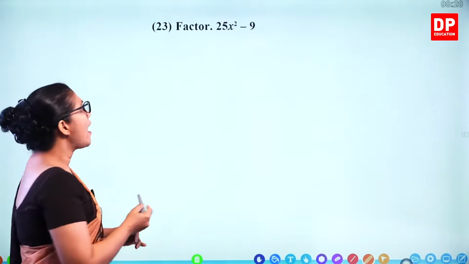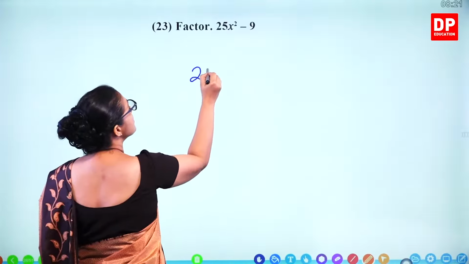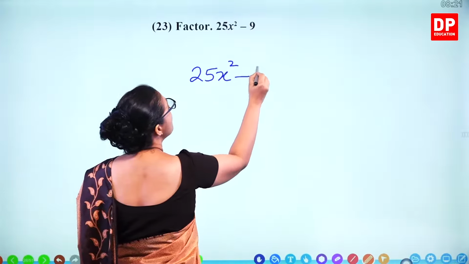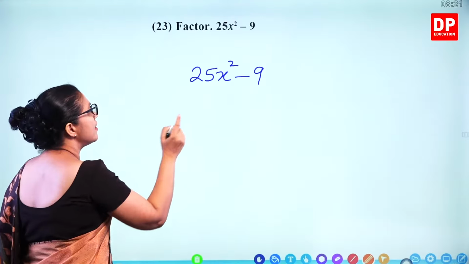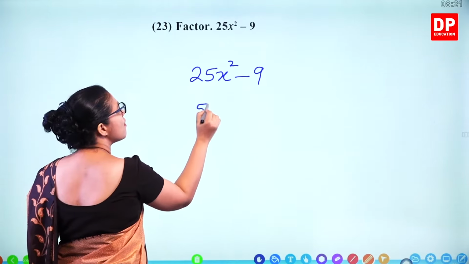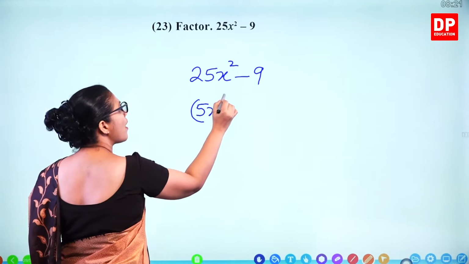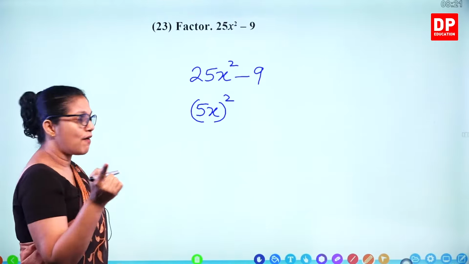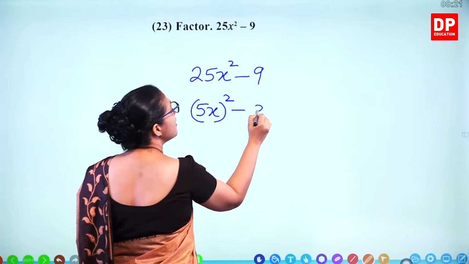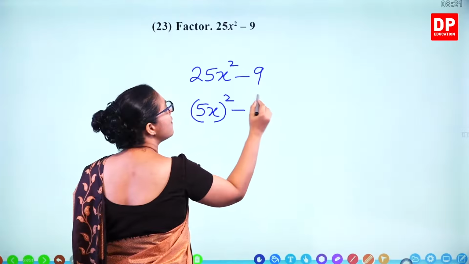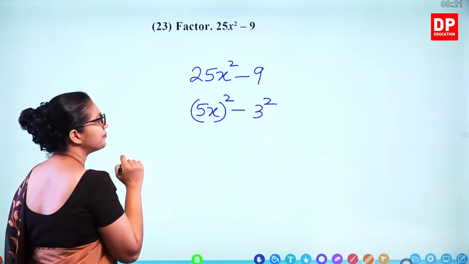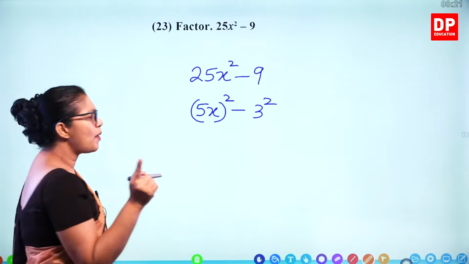Factorize. Make brackets. 25x squared minus 9. What can you say about this? 5x whole thing squared. 5 times 5, that's 25. 9 you can write as 3 squared. Difference between 2 squared terms.